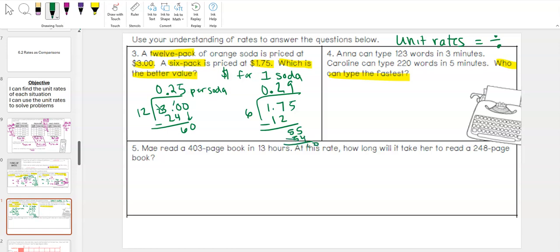And then that's 10. One time. That's 40. It's going to keep going, right? So we have about 29 cents per soda, and we have 25 cents per soda. Which one is a better value? It's going to be the 12-pack because it's less money per soda.